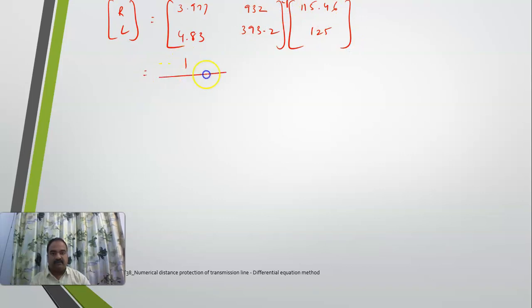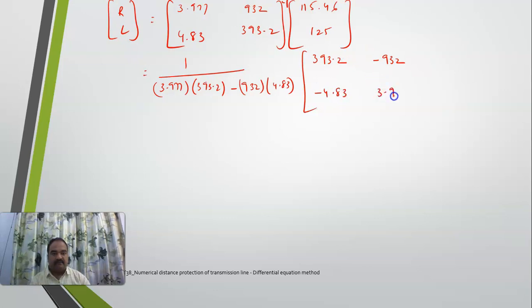So if I take, this is 1 by 3.977 into 393.2 minus 932 into 4.83, into D, minus B, minus C and A, into this matrix.